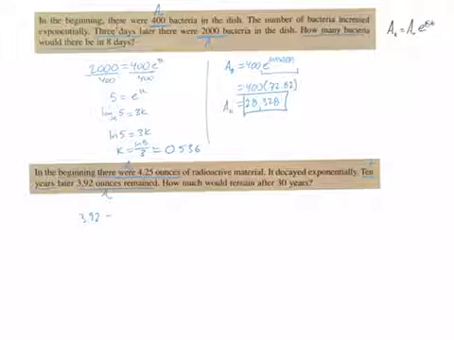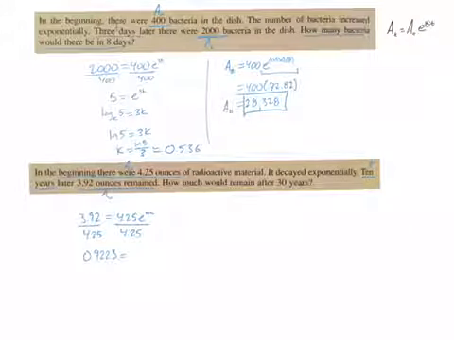3.92 is equal to 4.25 times e to the 10k. Divide this by 4.25, and that is equal to e to the 10k.